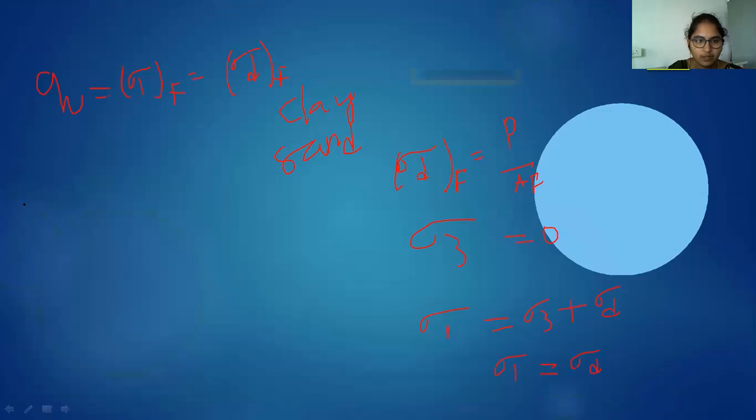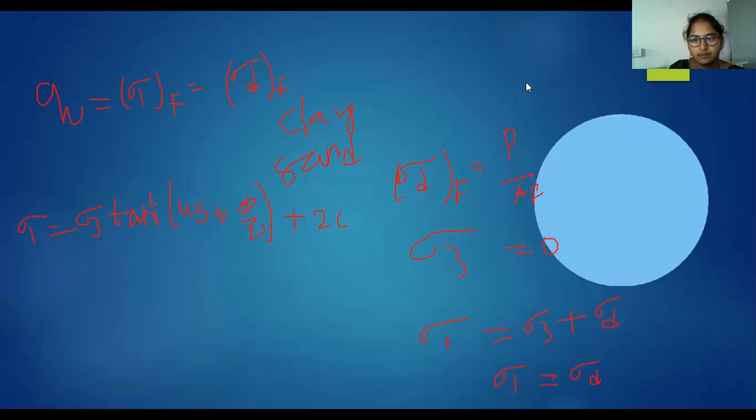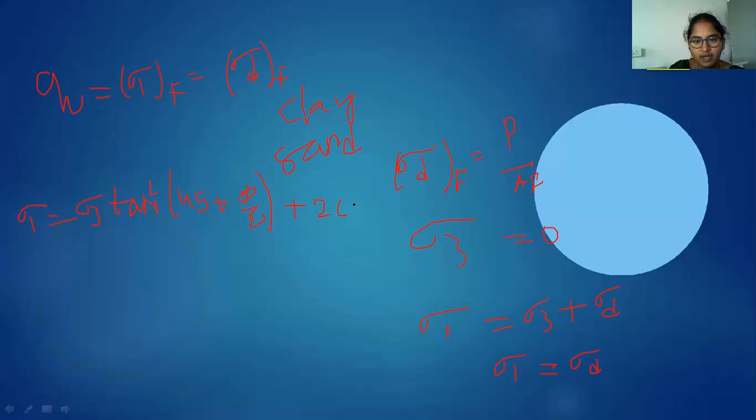Sigma 1 is equal to sigma 3 tan square of (45 plus phi by 2) plus 2c tan of (45 plus phi by 2).